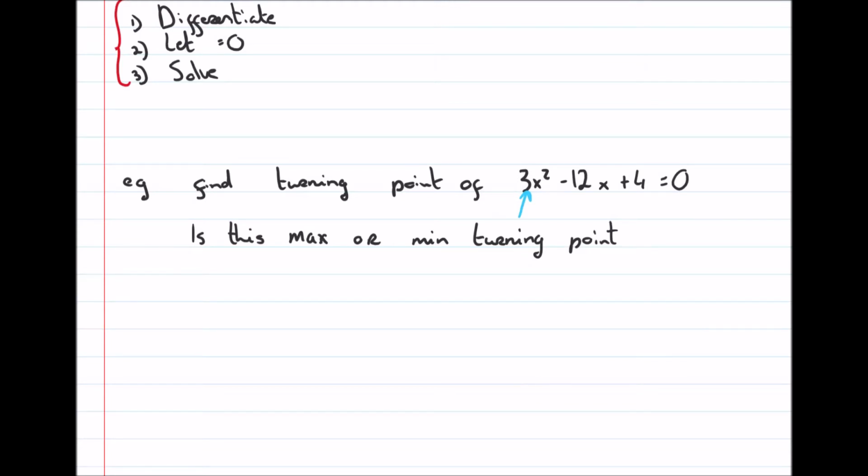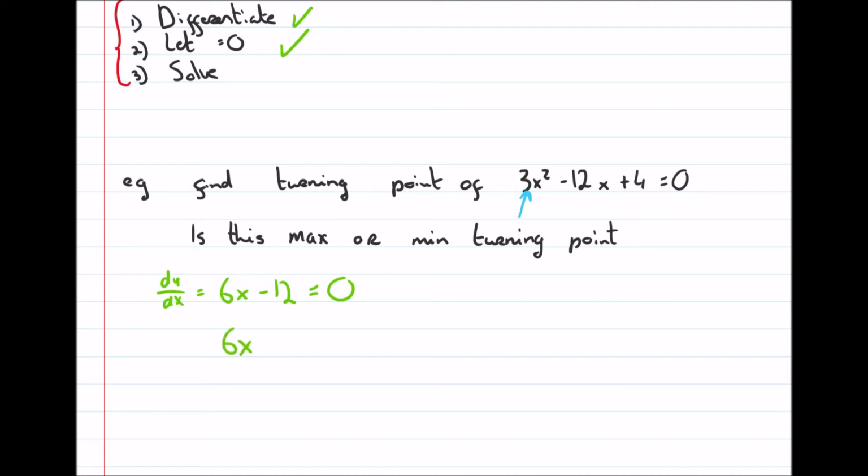So how do I find where that minimum value is on the x-axis? Differentiate it. So dy/dx equals 6x minus 12. Let that equal 0. So I'm after differentiating it, now I let it equal 0, and now I have to solve it.